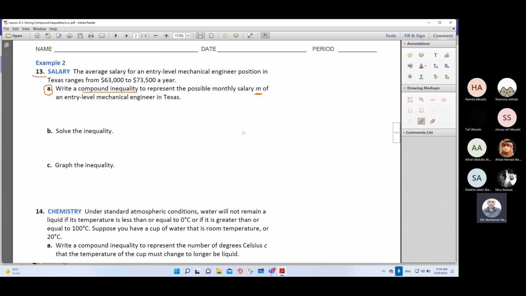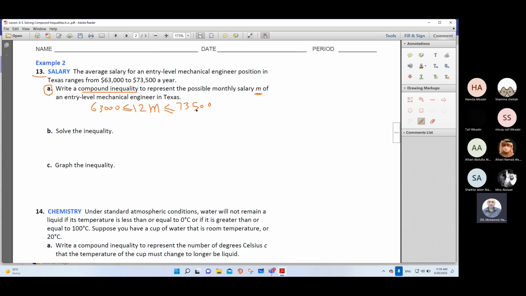How many months inside the year? We have 12 months, so 12M. So between the two values, this value is greater than or equal to 63,000 and less than or equal to 73,500. So this is the inequality.